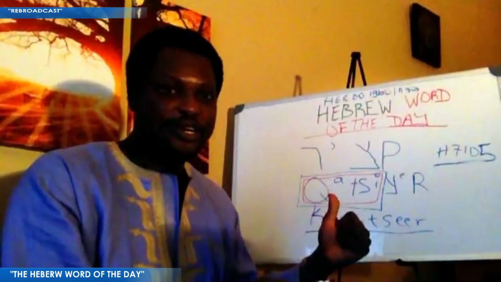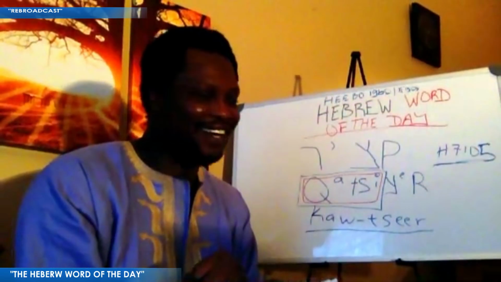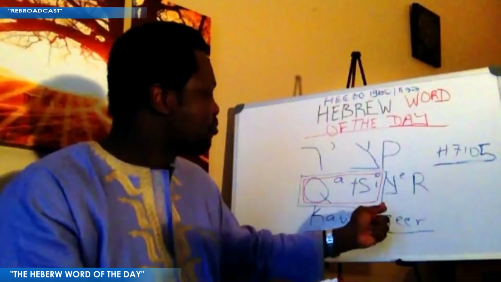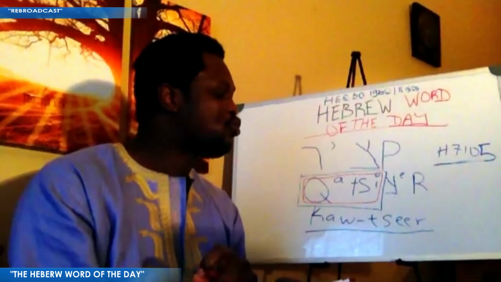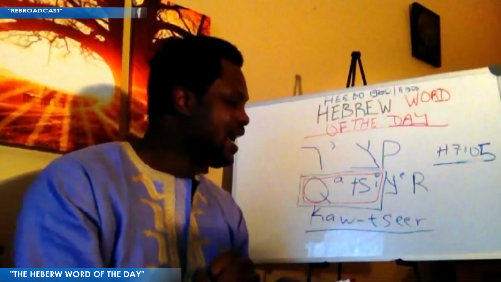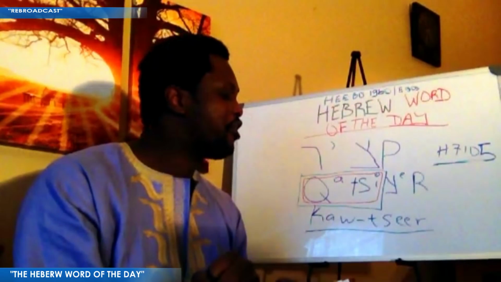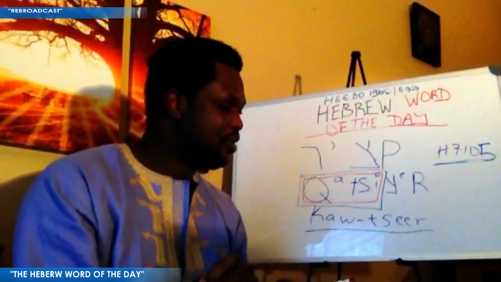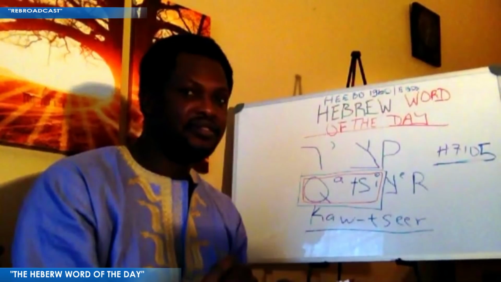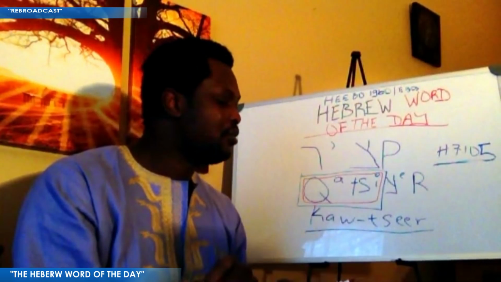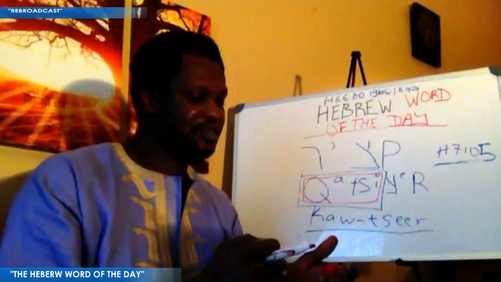Listen to the definition, and you're going to know this is your language. It says here, it means sever, that is to harvest as reaped: the crop, the time, the reaper, or figuratively also a limb of a tree, or simply foliage. And then he says, the bough, the branch, the harvest, or harvestman.